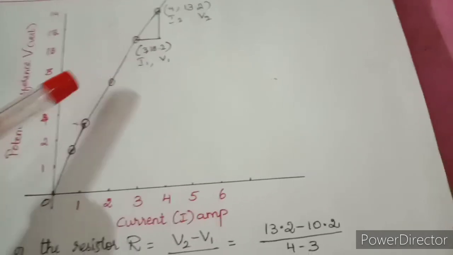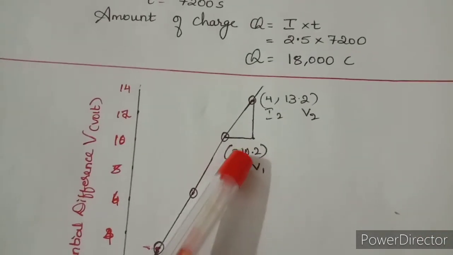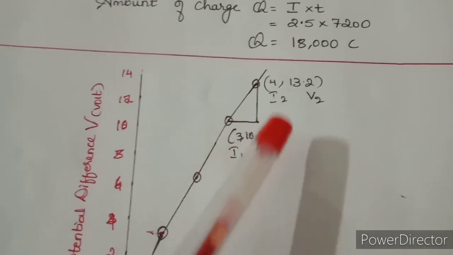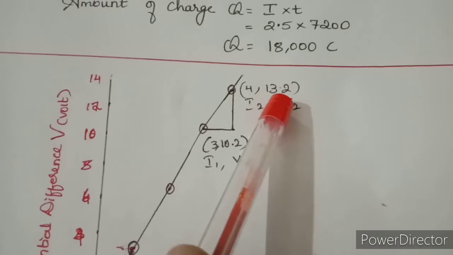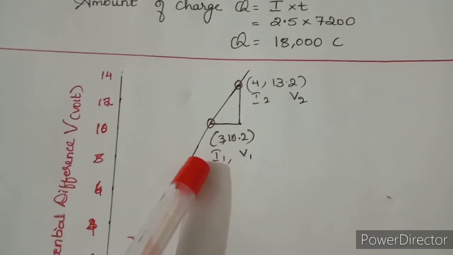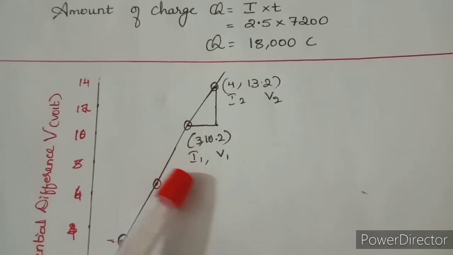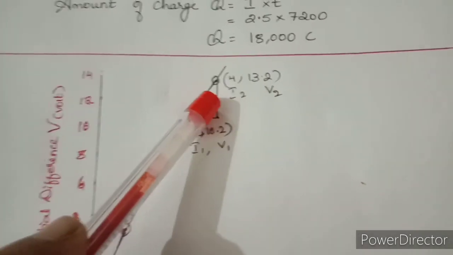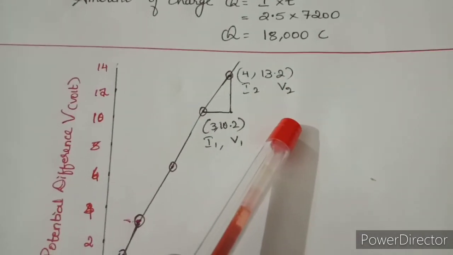These are the points that I have marked here, and you have to take the slope between the points 3 and 4. For 3 you have 10.2, and for 4 you have 13.2. So this is the slope we have taken. 3 is I1 and the V1 value is 10.2. 4 is I2 and 13.2 is the V2 value.